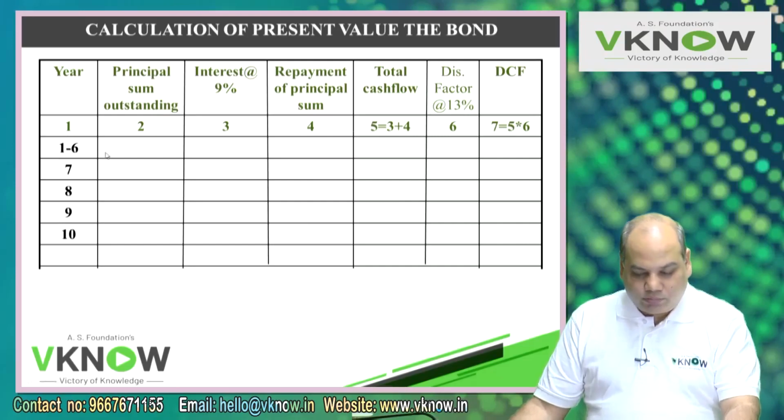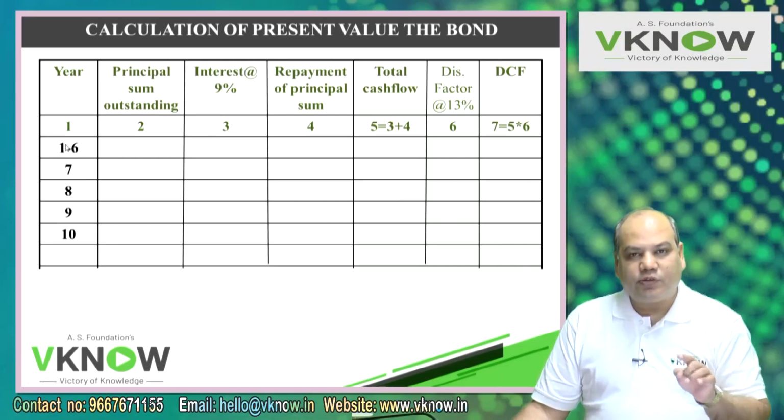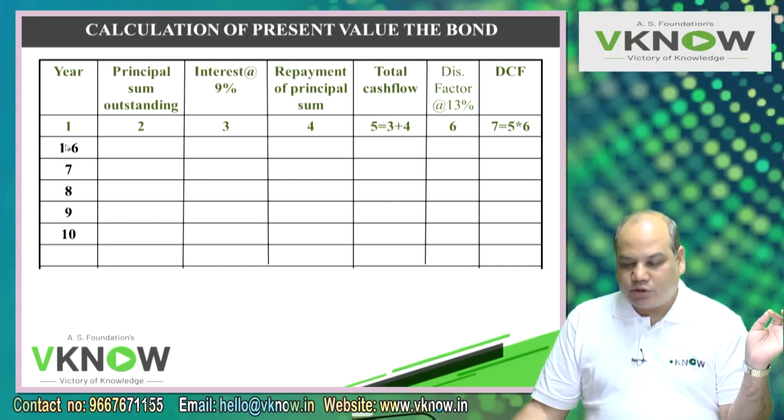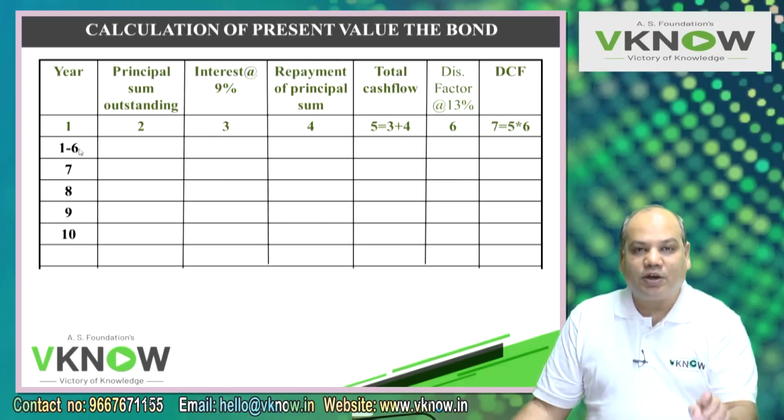Now write down the year column. I will explain it. Years 1-6 you can write together. Otherwise, students write 1, 2, 3, 4, 5, 6. No point, because in the first 6 years there is no redemption; you only have to pay the interest part.